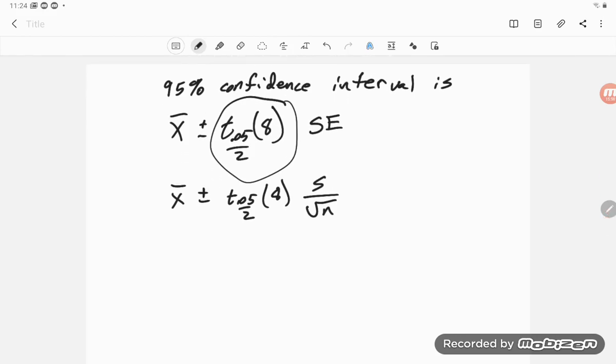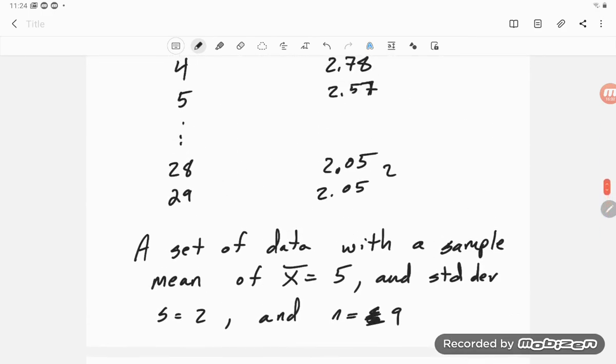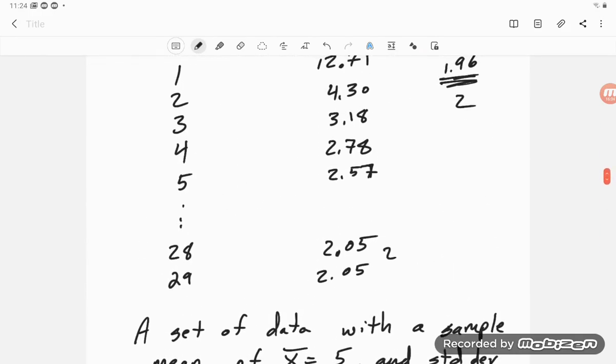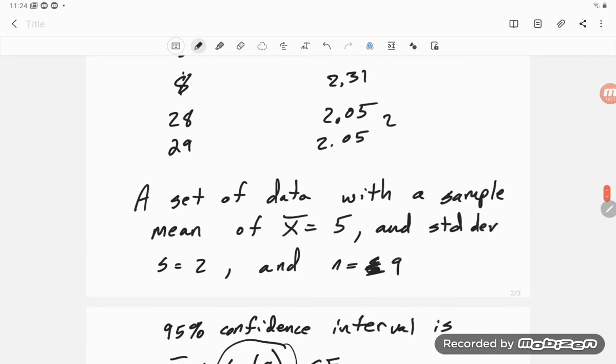And so now I can kind of fill things in. Now I go back here and I look for 8 degrees of freedom. Oh, bummer, it's not there, but it is. I can fill it in now. 8 degrees of freedom is 2.31 is the value there.